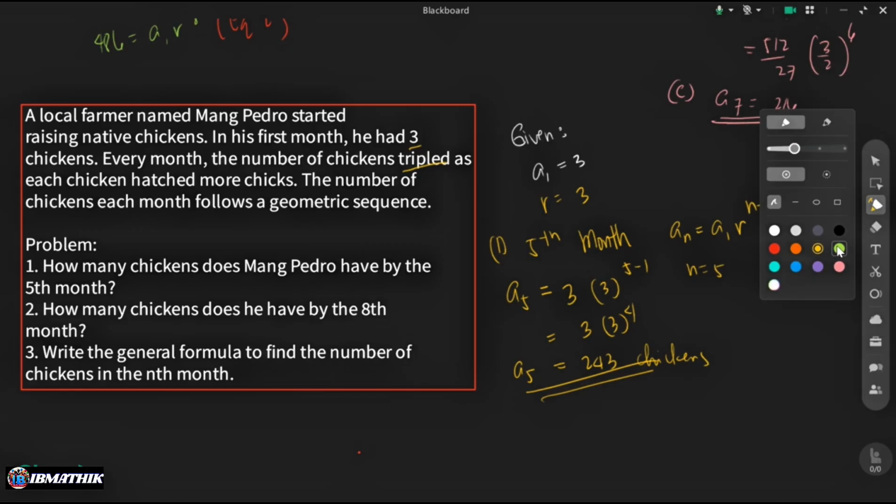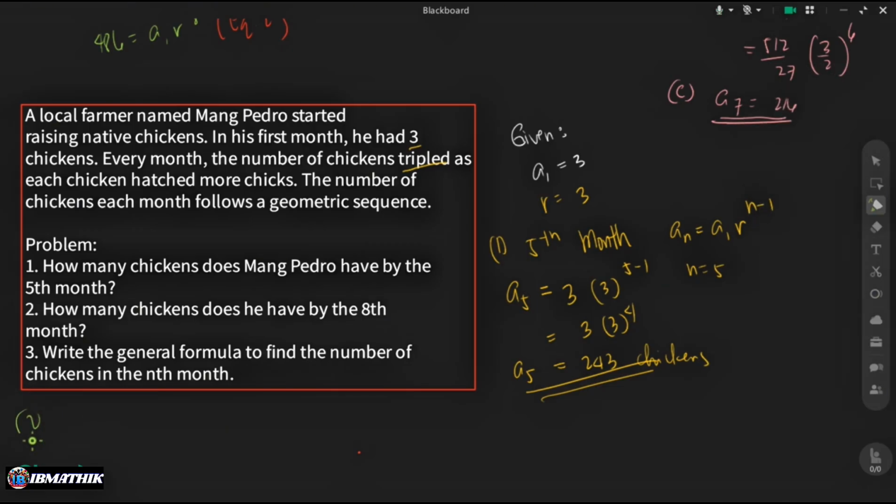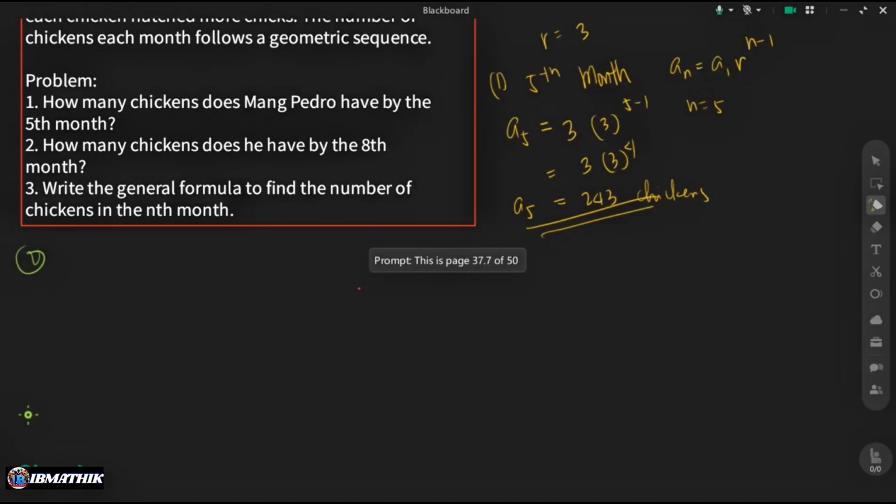Let's proceed with number 2. How many chickens does he have by the 8th month? So same process, 8th month. In this case, our n will be 8. The formula to be used is still the same.